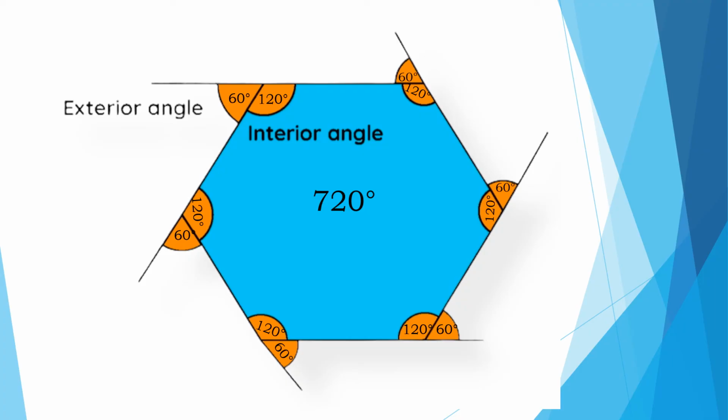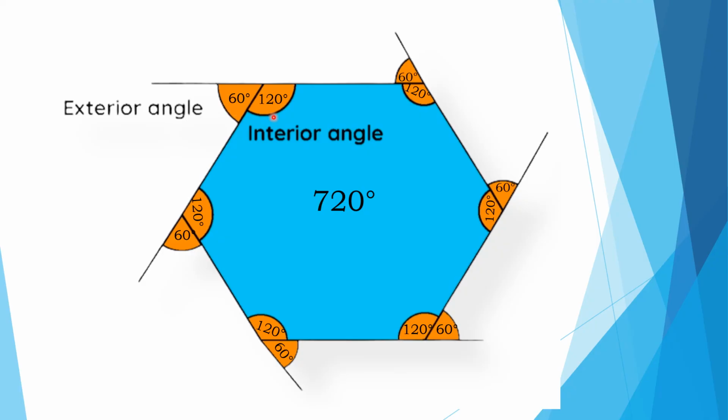Remember, in finding the measure of each interior or exterior angle, you can subtract the other from 180 degrees to find the other. Example, if the given interior angle is 120 degrees, subtract it from 180 degrees. 180 degrees minus 120 degrees is equal to 60 degrees. That is the exterior angle.